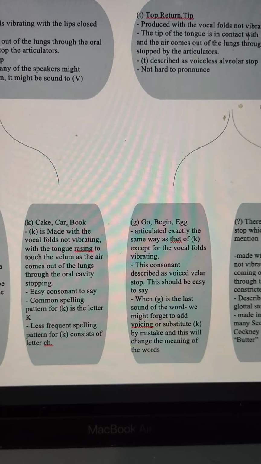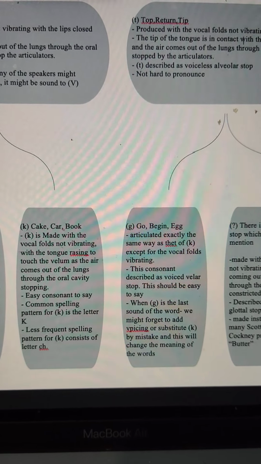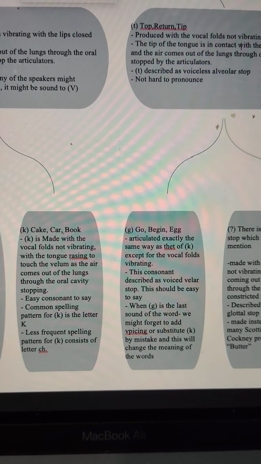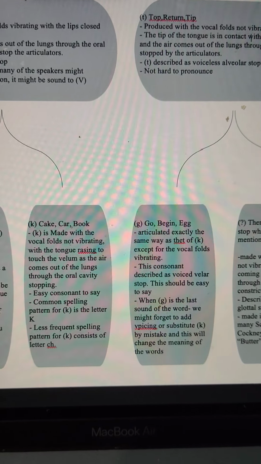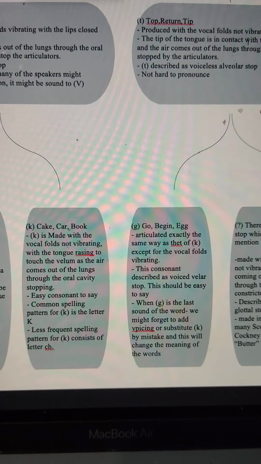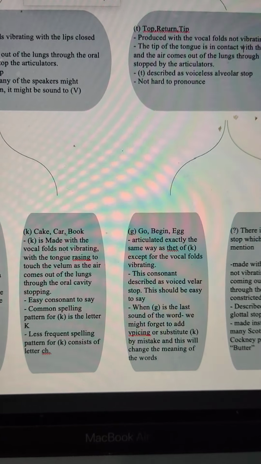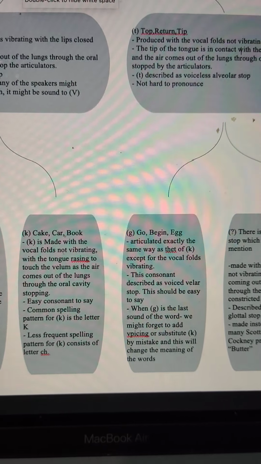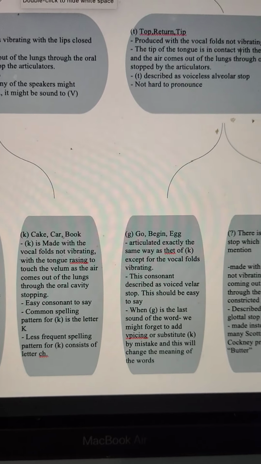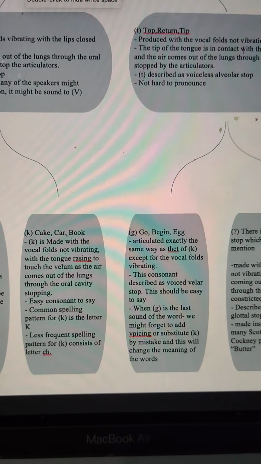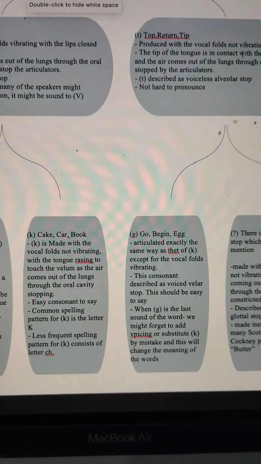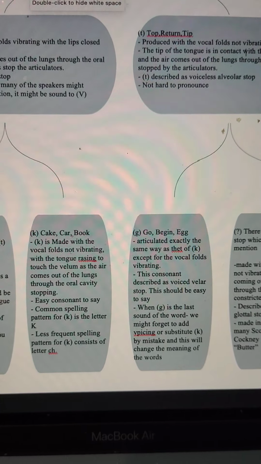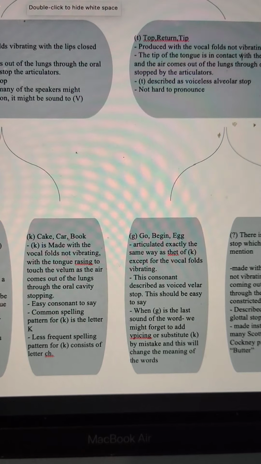However, when G is the last sound in a word, we might forget to add the voicing, especially when G is the last sound in a word. Okay, because you know what? When we forget to add voicing or substitute it, this will change the meaning of our words.